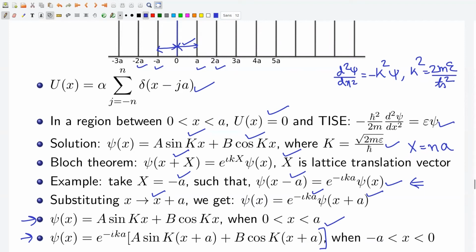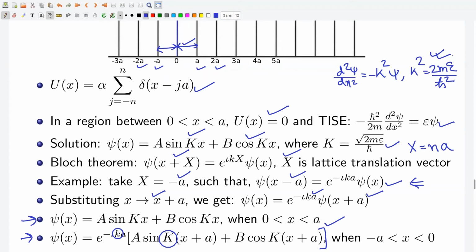Note that small k in this equation is the wave vector of the Bloch electron, whereas capital K is related to the energy as shown here. We know that the wave function has to be continuous at x equal to 0. How about the first derivative of the wave function?